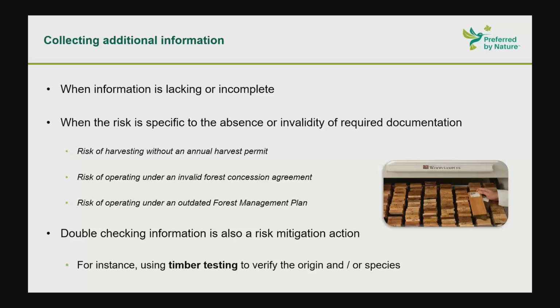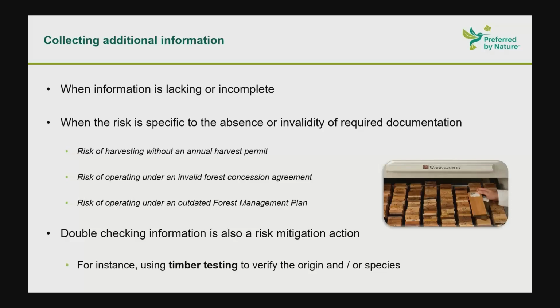It can be done. First, it's quite important to notice that in some instances, the risk itself is the absence of a legal document. So collecting this legal document, such as a harvest permit, as I was mentioning, is the obvious and most efficient risk mitigation action in these specific cases, where the absence of a document is the risk in itself.